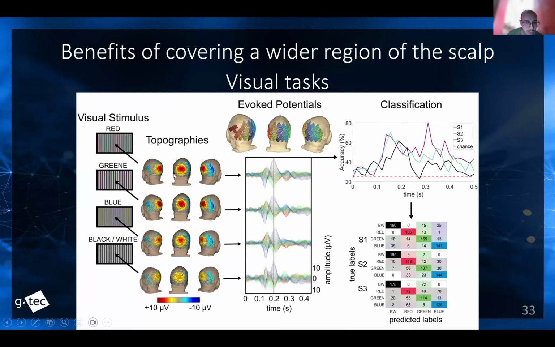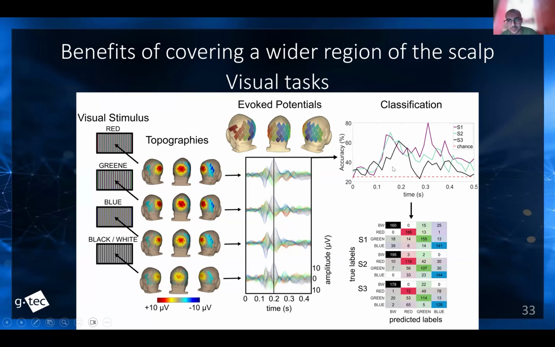So there is a really good definition of the region. And here we can see also the EPs based on the grids that they are colored in different ways. So we can see that always around 0.2 seconds, we have the most activation, so a peak 200.